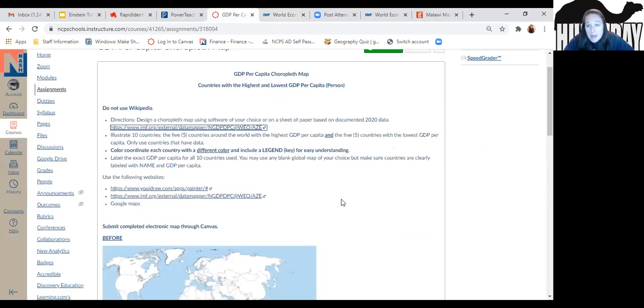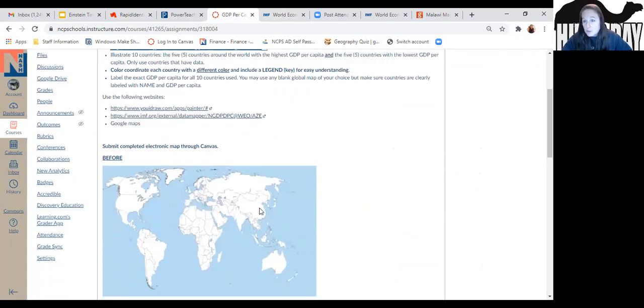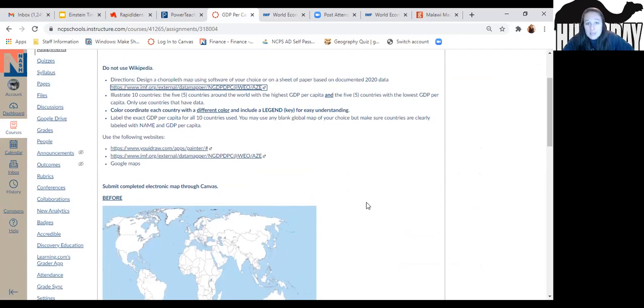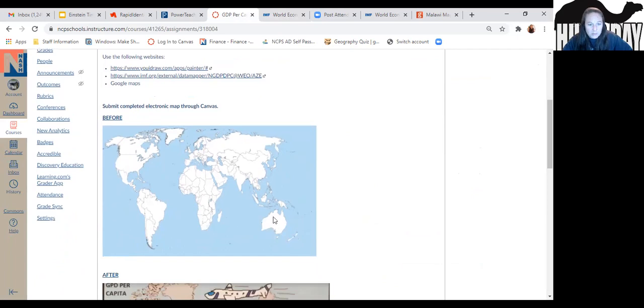You can draw your map. You can copy and paste a picture of a blank map to a Google Slide, or you can use a paint program. I don't care how you design your map, but I want 10 countries labeled, 5 of the highest producing countries in the world and 5 of the lowest producing countries in the world. This is going to be your before map.